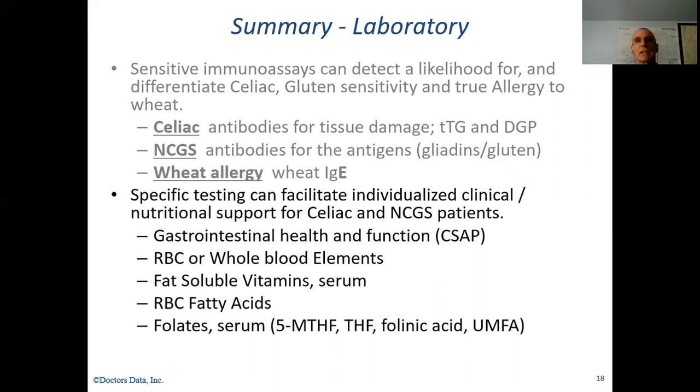That would include a very comprehensive stool analysis to evaluate gastrointestinal health and function, absorption, inflammation, butyrate production, essential elements, red blood cells or whole blood, fat-soluble vitamins, looking in serum, as well as RBC, essential fatty acids, and the folates, looking in serum, the primary folate being 5-methyl tetrahydrofolate, but also tetrahydrofolate, folinic acid, and the nasty unmetabolized folic acid.